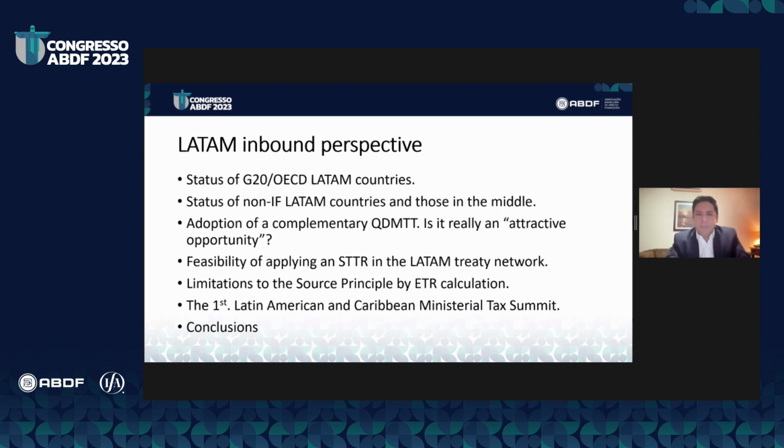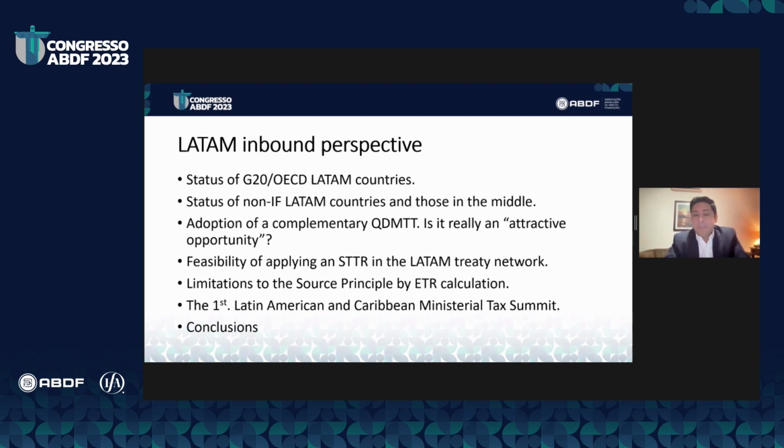I will also speak very shortly about the feasibility of applying the STTR in the LATAM treaty network, and I will finish with a short reference to the outcomes of the first Latin American and Caribbean Ministerial Summit that was held in Cartagena a couple of weeks ago.